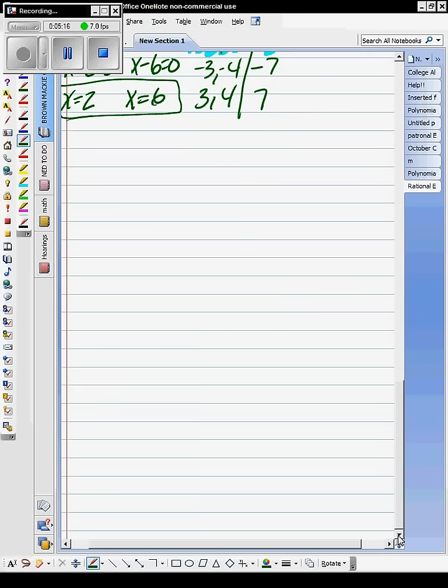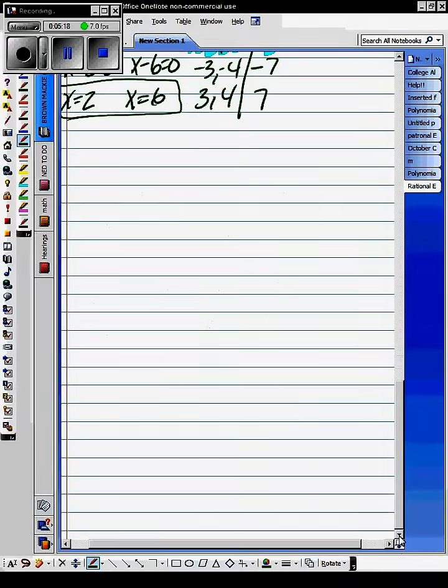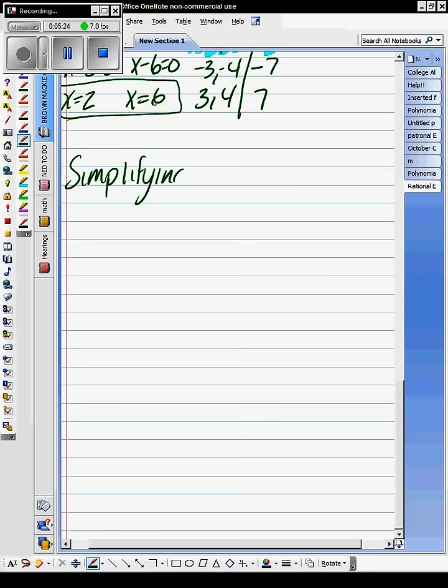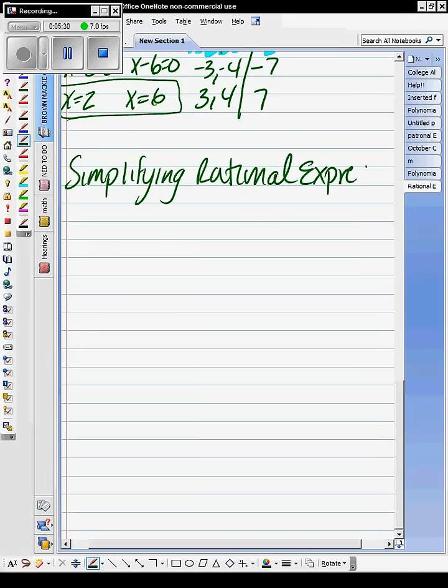Now our second portion in the section is simplifying rational expressions. So let's simplify a rational expression for you, shall we?